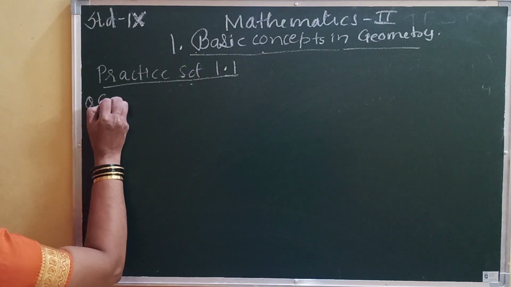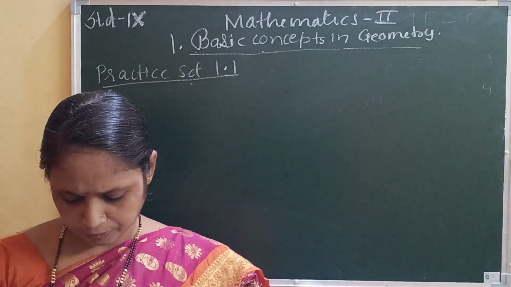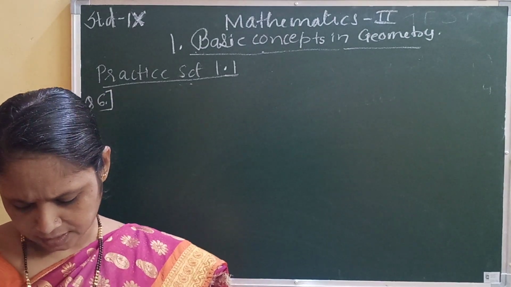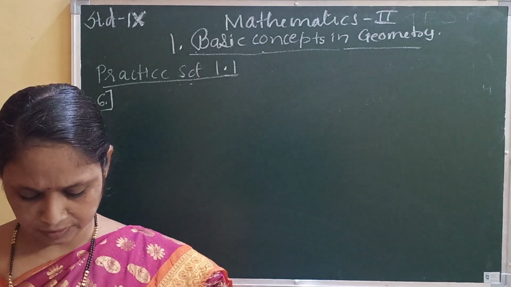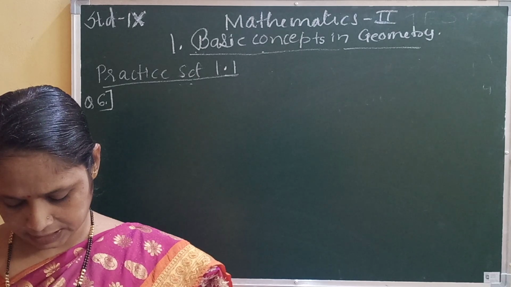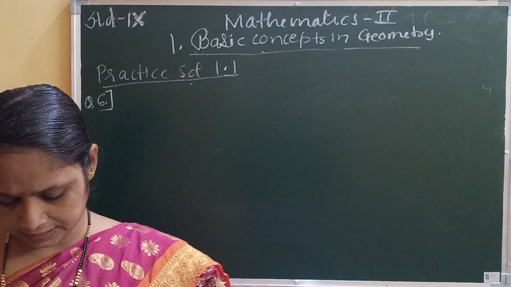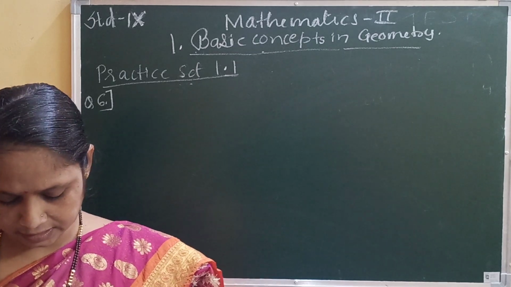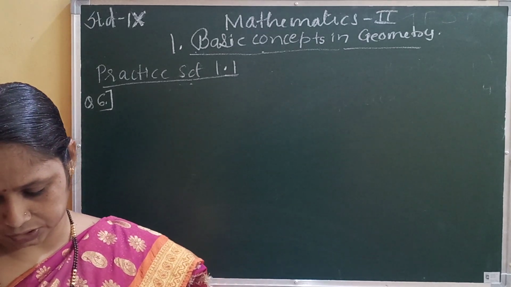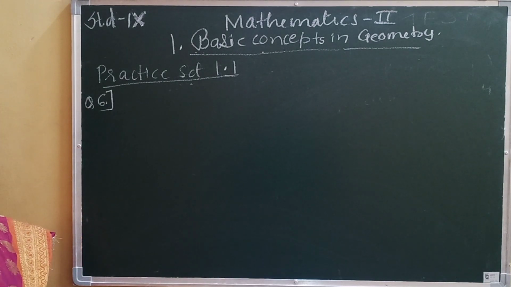Okay, now question number 6. Sketch a proper figure and write the answers of the following questions. First is given: if A-B-C, and length AC is 11, length BC is 6.5, then length AB will be how much? We have to find out. In the first question you have to draw the figure also.